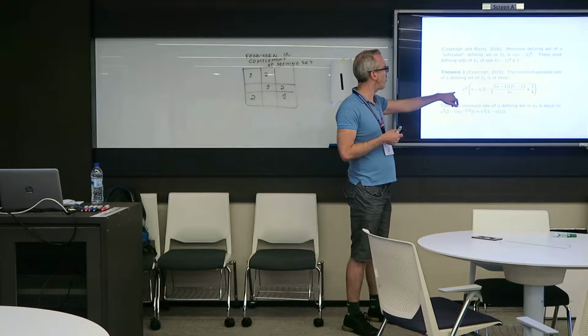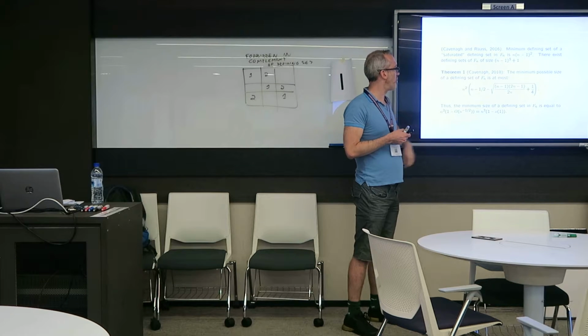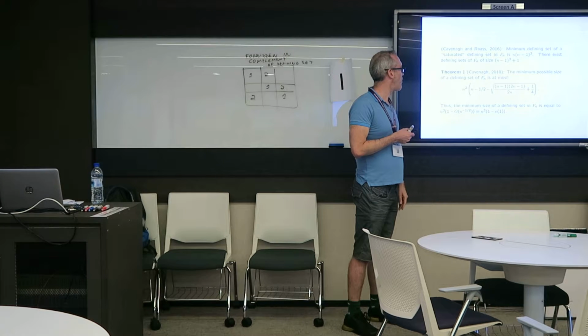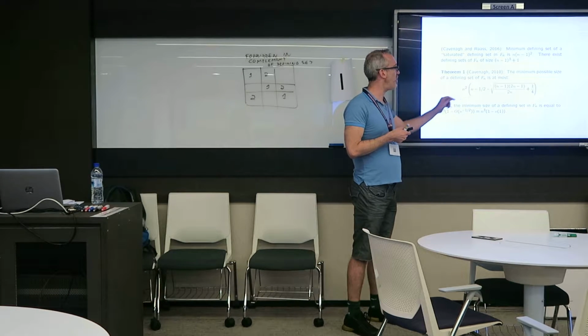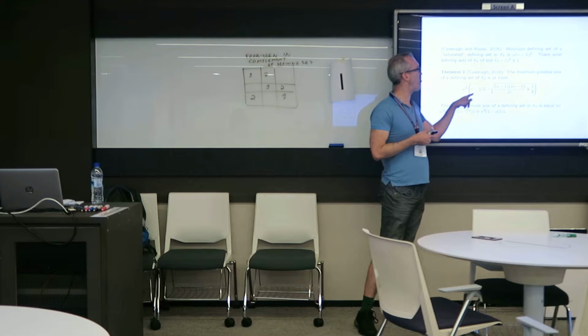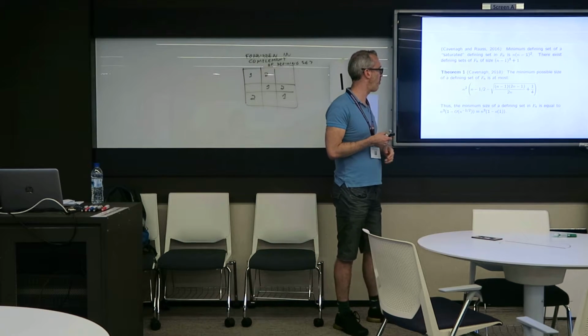The most recent result shows that the minimum possible size is the most lovely formula here, which comes from Lagrange multipliers, and that's unlikely to be the real correct result. I guess it's probably that one there.